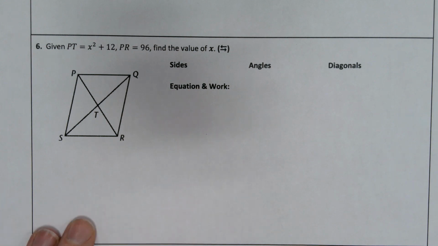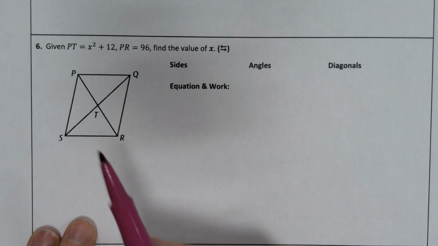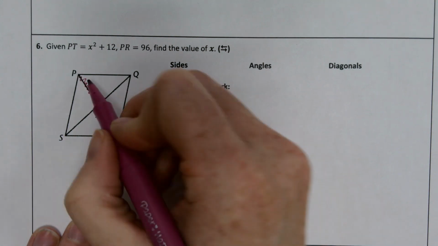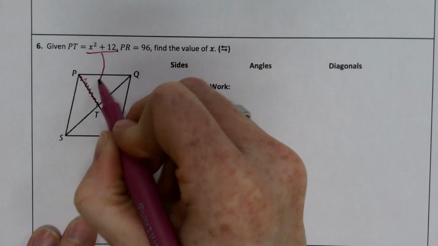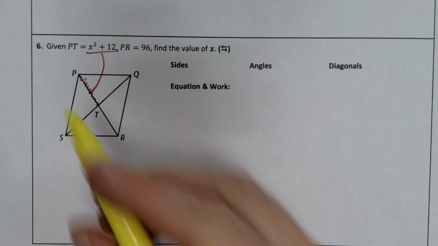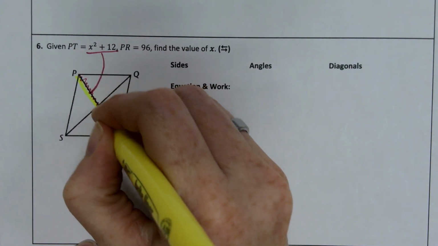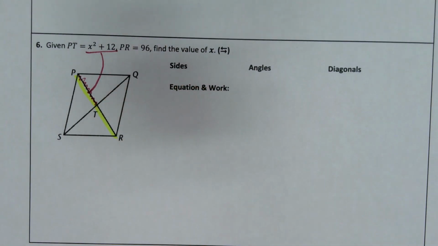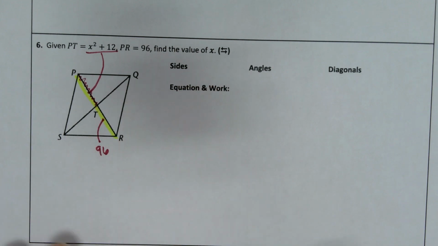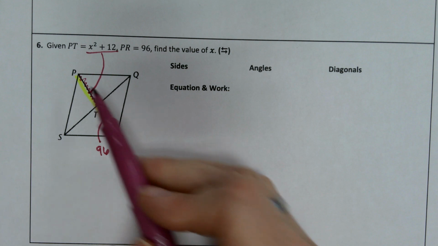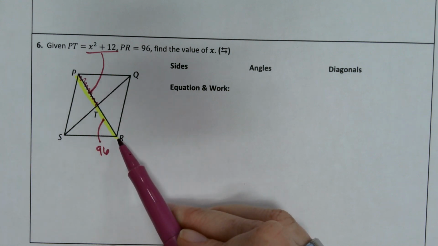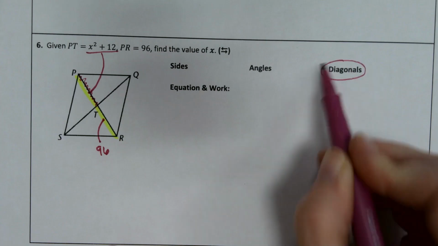Let's take a look and see what kind of information we have. PT right here is x squared plus 12. But then PR, so I'm going to highlight PR, is 96. All right, that's a little awkward to label because they're kind of overlapping in this section, but PR is longer. Definitely involves diagonals.